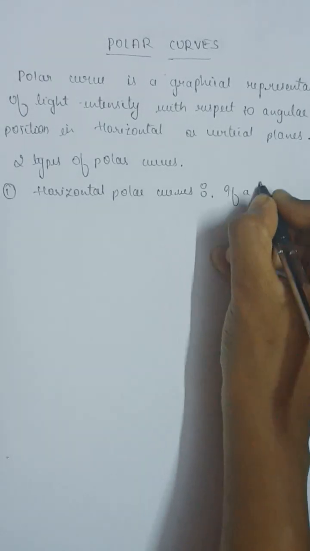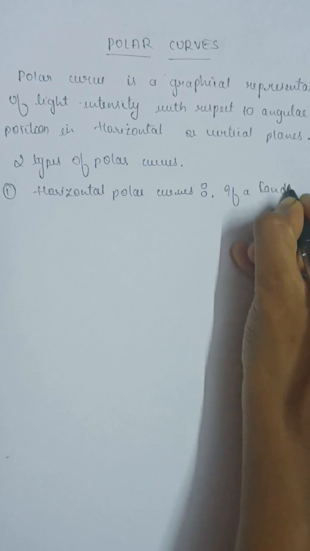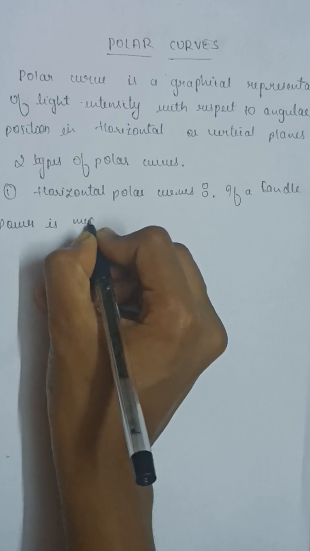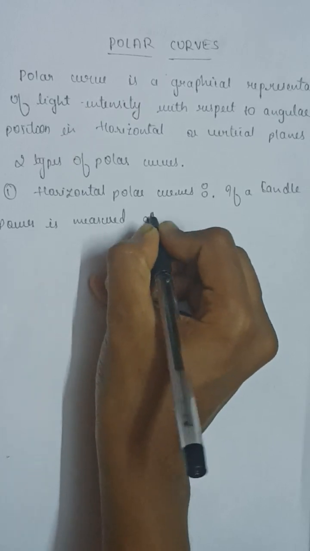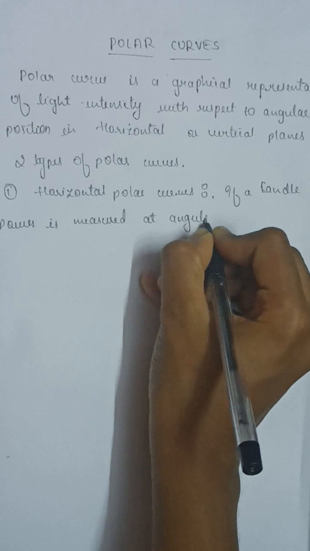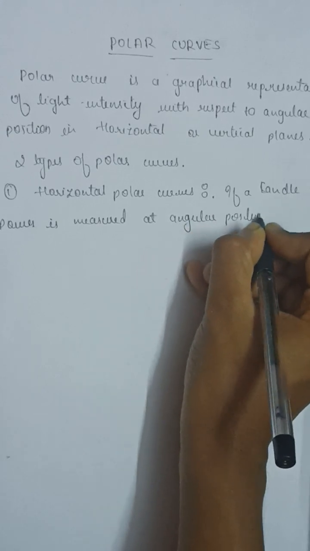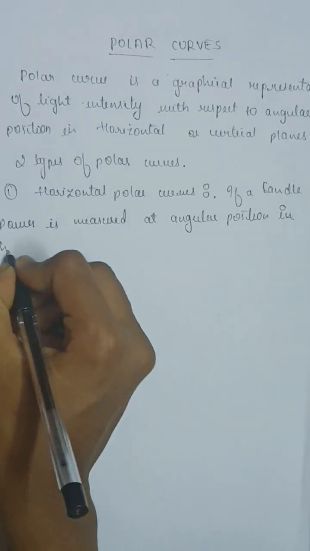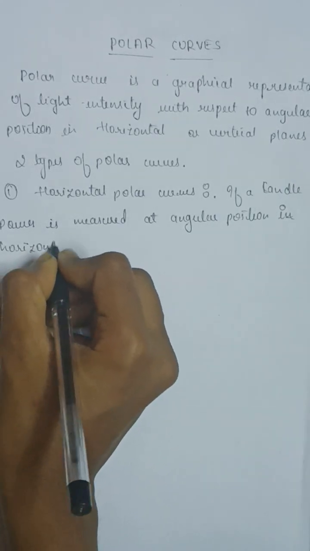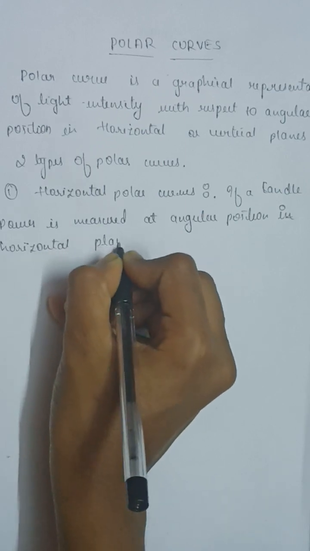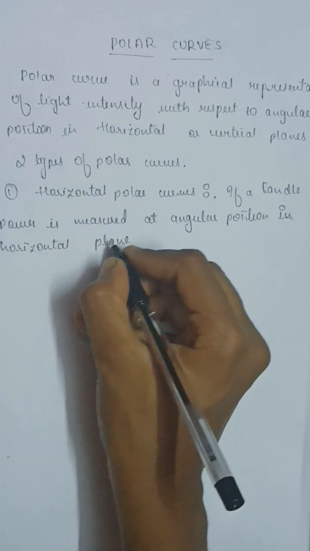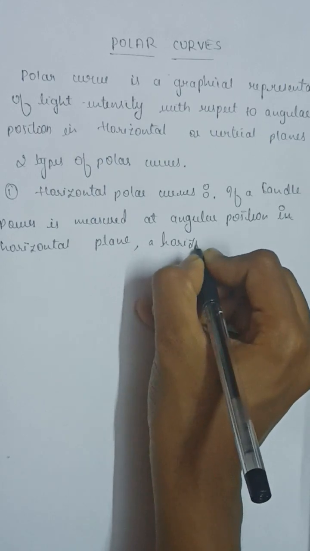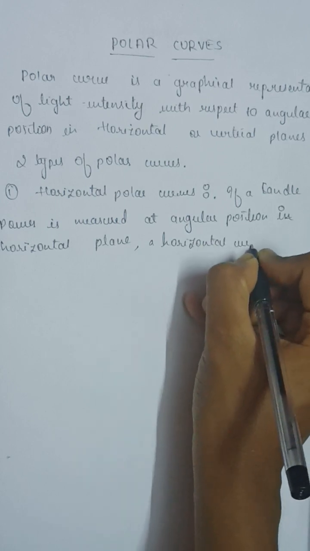If a candle power is measured at angular position in horizontal plane, a horizontal polar curve is obtained.